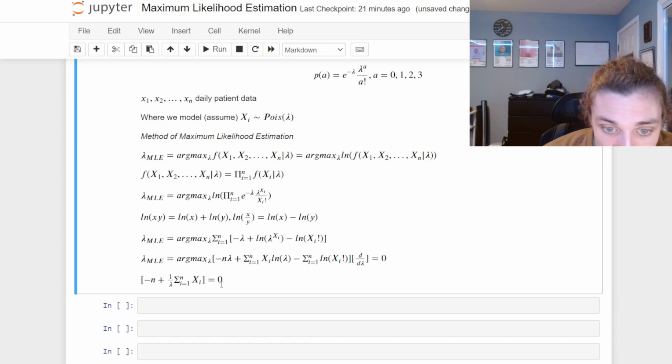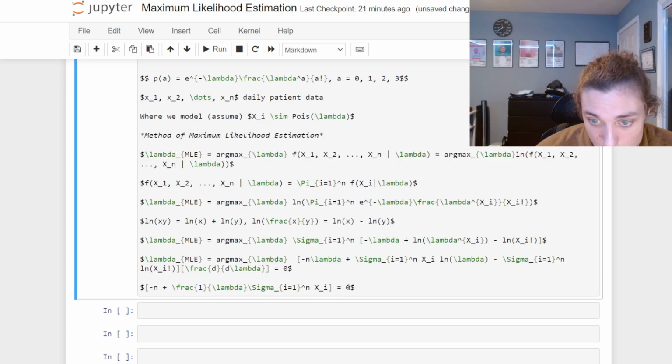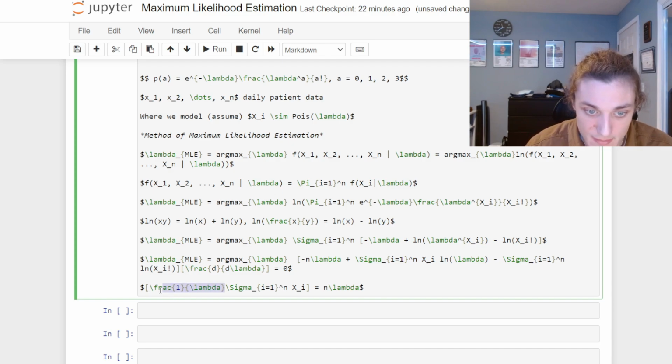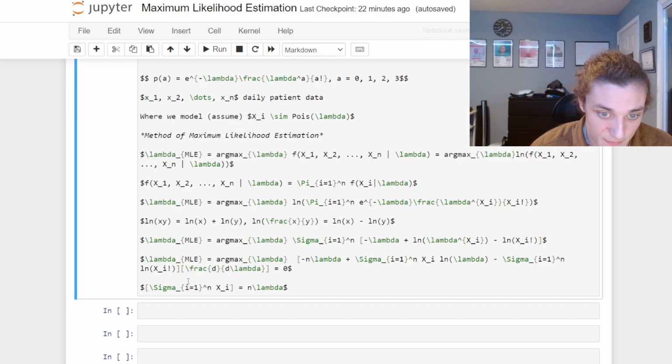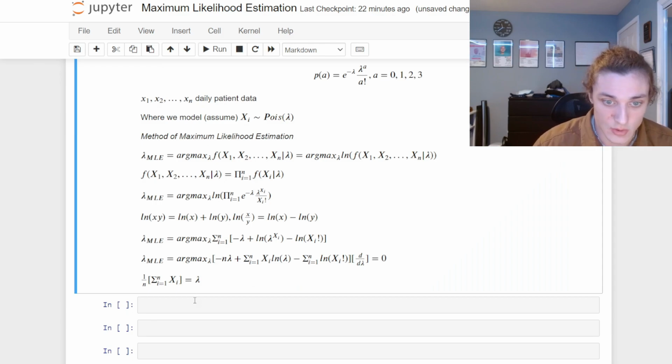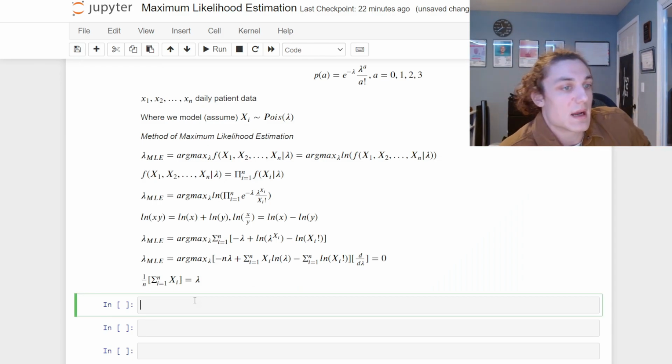Now if we add n to both sides and multiply by lambda, then we are going to end up with n lambda equal to the summation of xi. So we add n over, multiply by lambda, and we end up with this here. And if we divide over n, we get lambda equals 1 over n, the summation of xi.